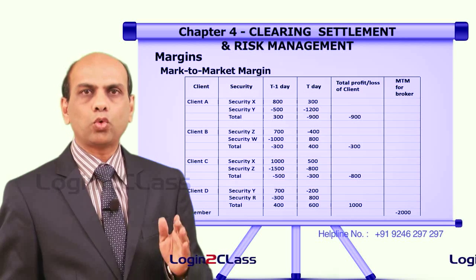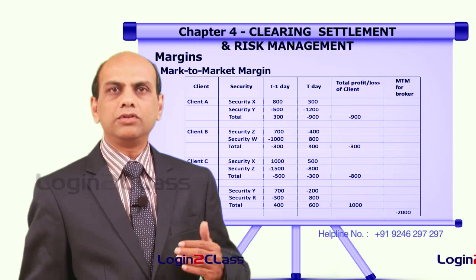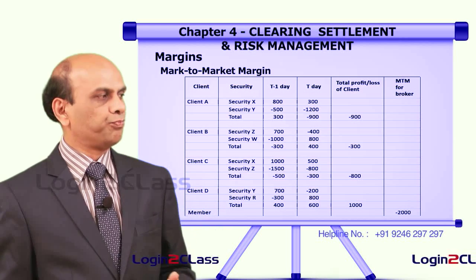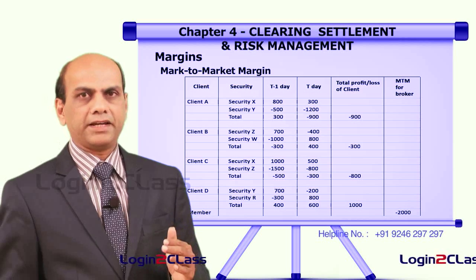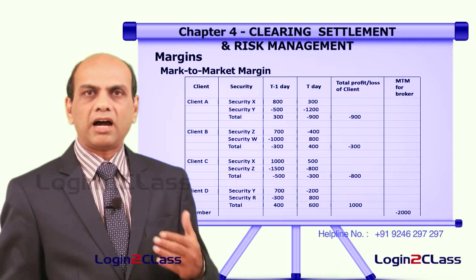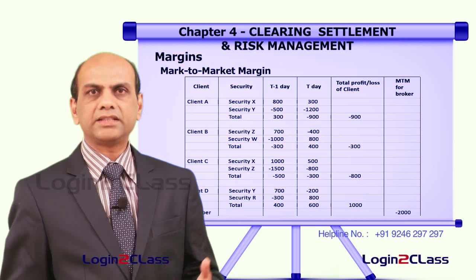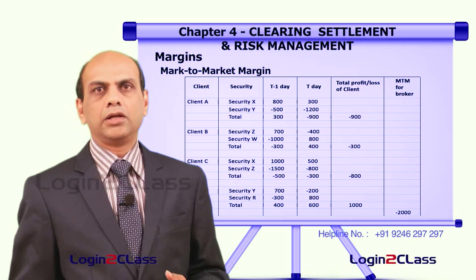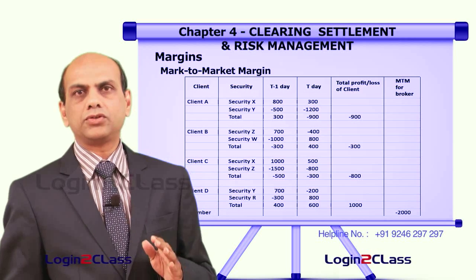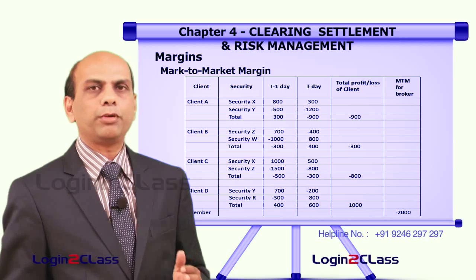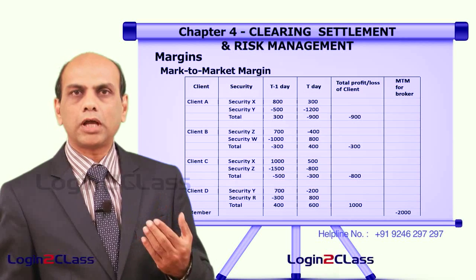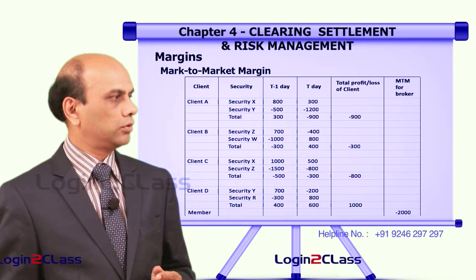This constitutes only the T minus 1 day, which he has to pay on the following transaction day. So in effect client B has to pay minus 300 after T minus 1 day, that is, the next day to T minus 1 day. Now for the T day transaction the net position is still in profit, so he need not pay any MTM for the positions he is carrying forward after T day also.